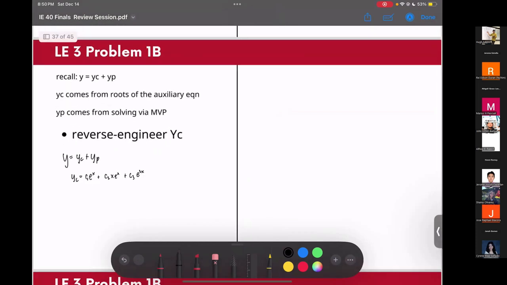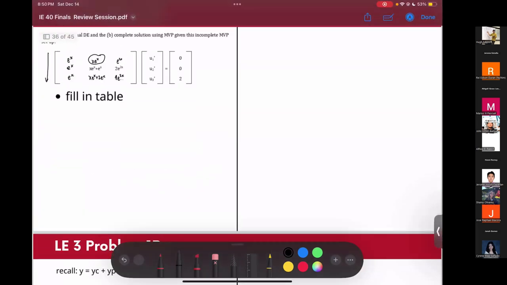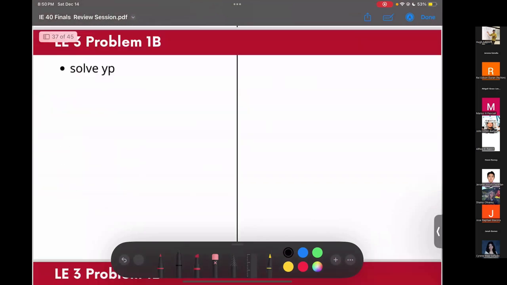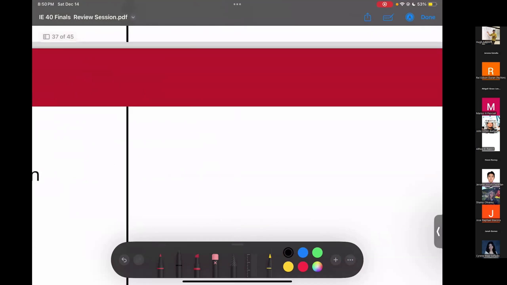So that's yc. Now, since we figured out the table and we figured out yc, what we can do next is basically solve for the original DE.